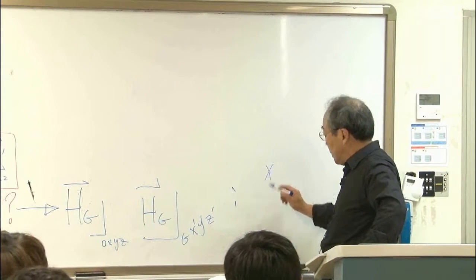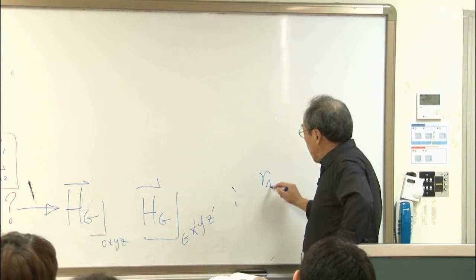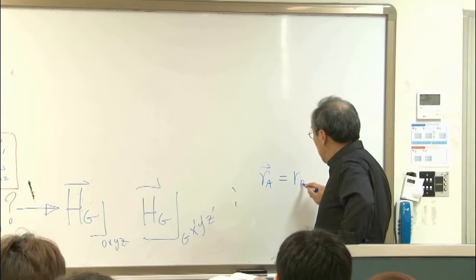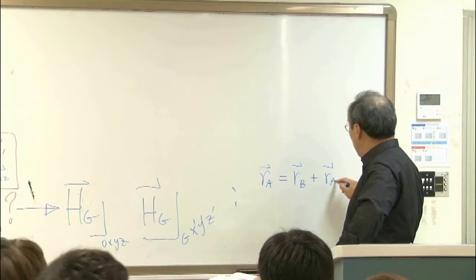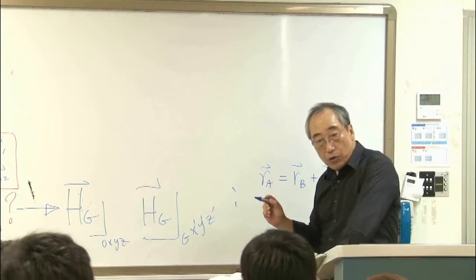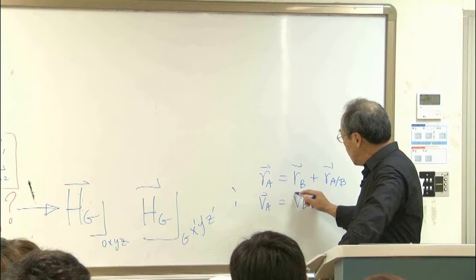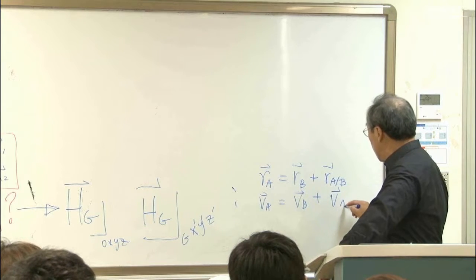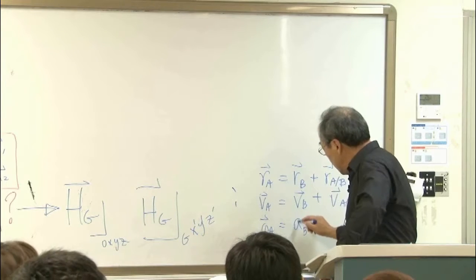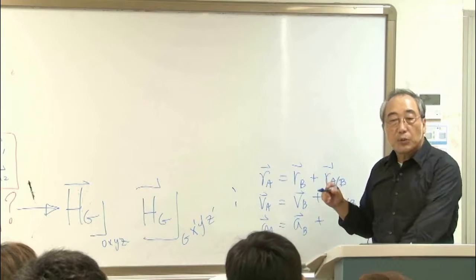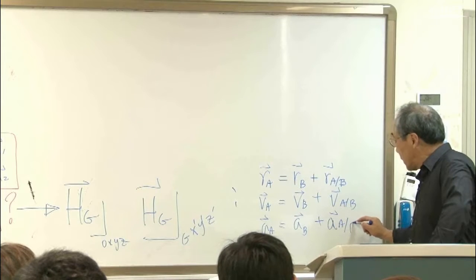For example, the position vector RA is equal to position vector RB plus position vector R observed with respect to B. And we also know that the velocity of A is equal to velocity of B plus relative velocity of A with respect to B. Acceleration of A is equal to the sum of acceleration of B and relative acceleration of A with respect to B.